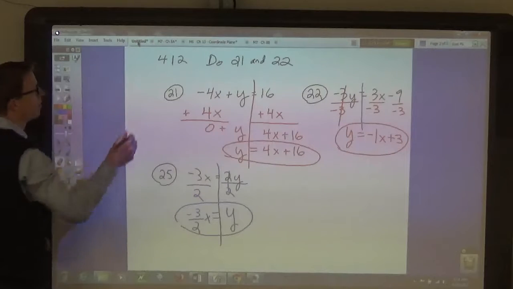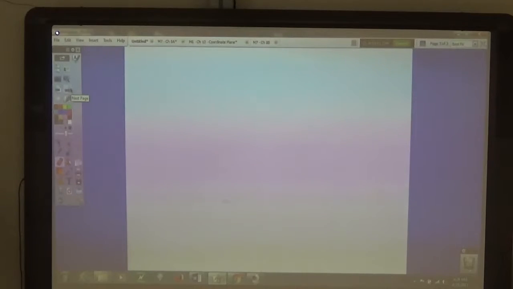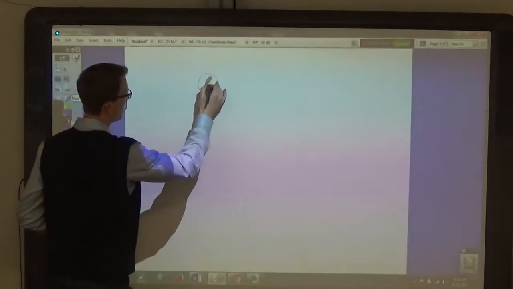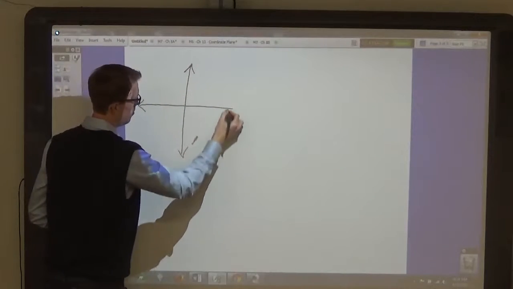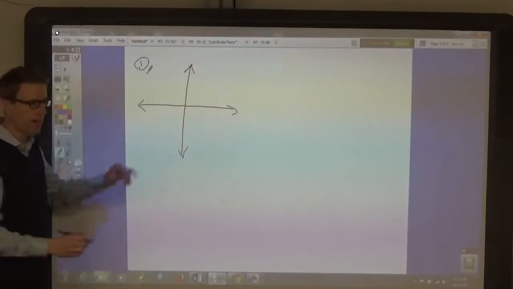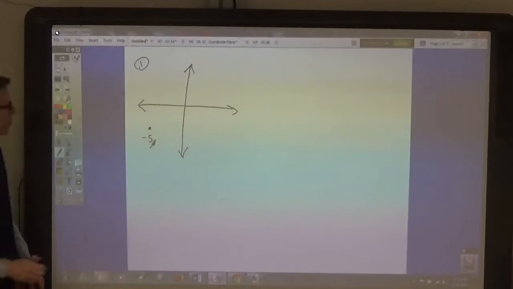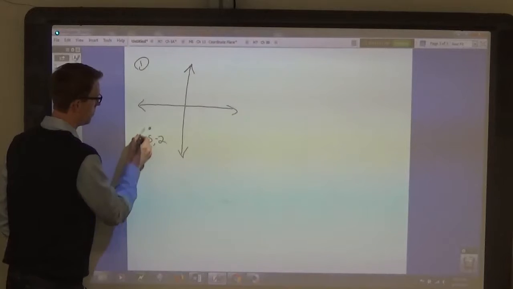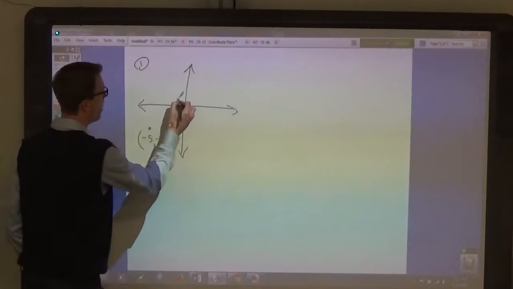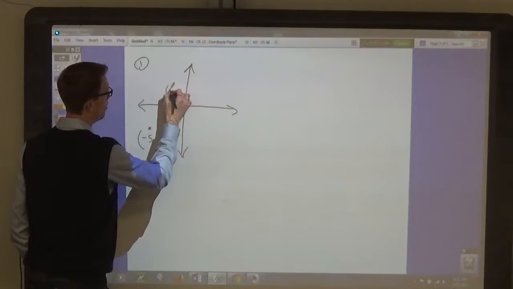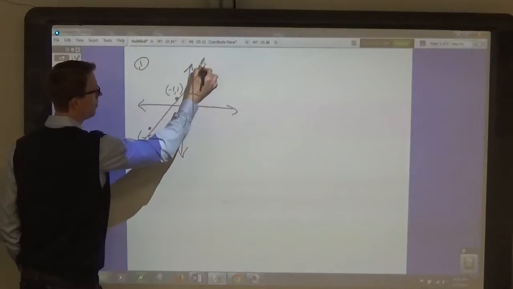So on the first one, number 1, there's a line going from -5, -2. And going up to -1, 1. So it goes up this way like this, okay?